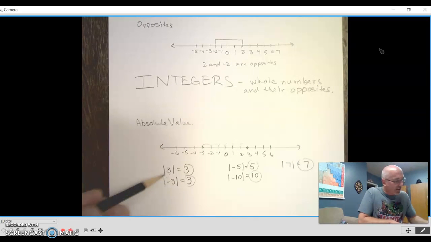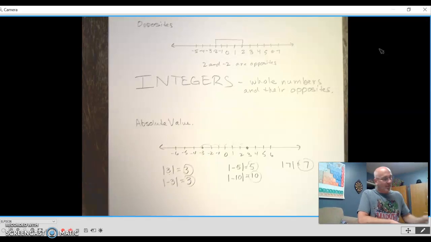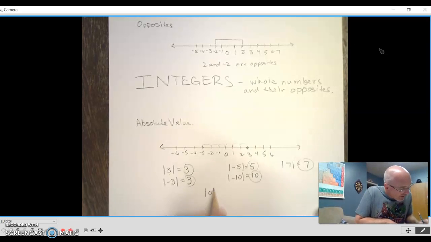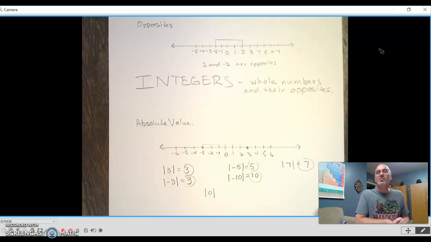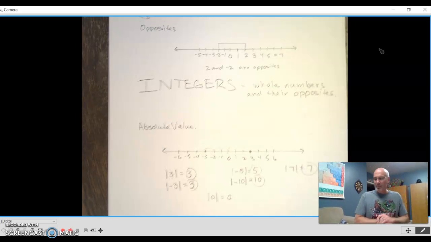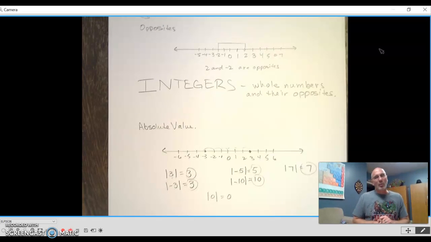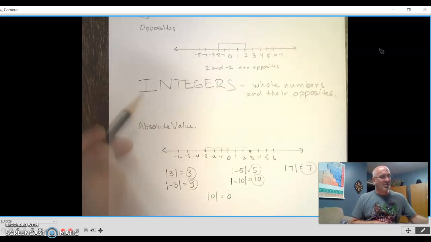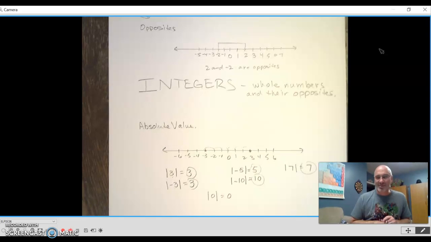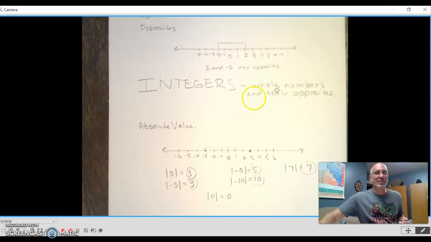You can see the absolute value of 3 and the absolute value of -3 give the same answer. If you ever have the absolute value of 0, that's asking how far away is 0 from 0? Well, it's 0 units. We'll be working a lot with absolute values and integers for the rest of your lives. Once again, here is your introduction to integers and absolute value.